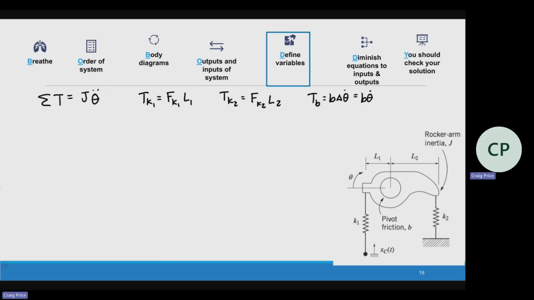So damping, the friction that's between the object and the housing or whatever. There's no delta, that's just going to be B times theta dot. But my two torques should be translational forces times the distance, which technically is L1 cosine theta, but cosine theta becomes 1 for small angles.